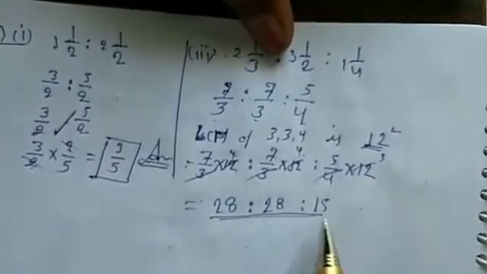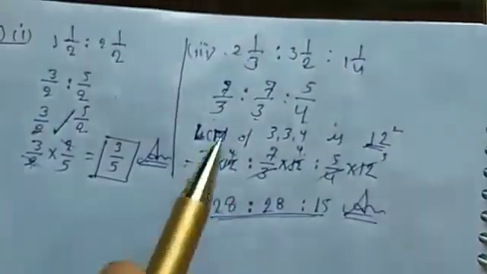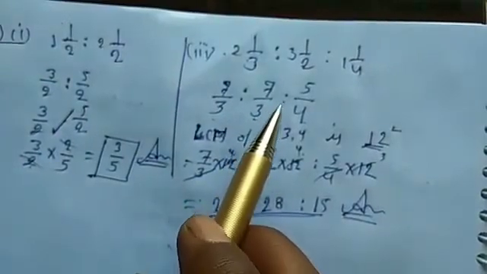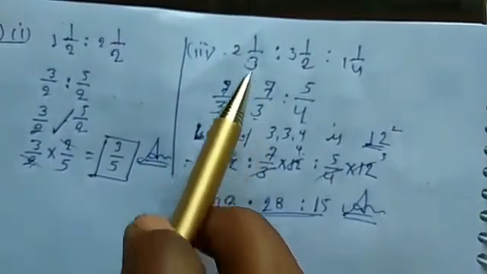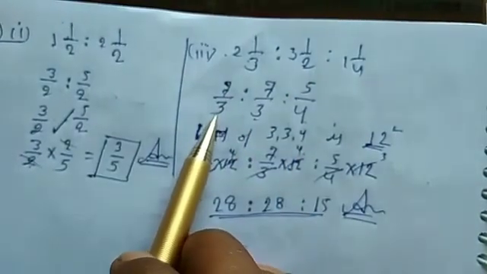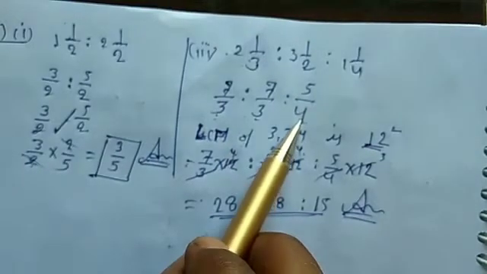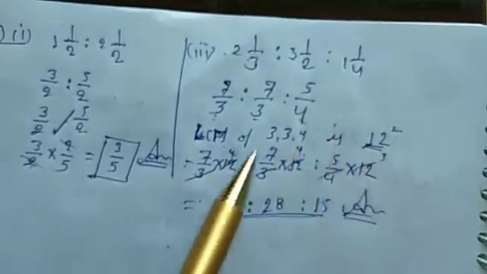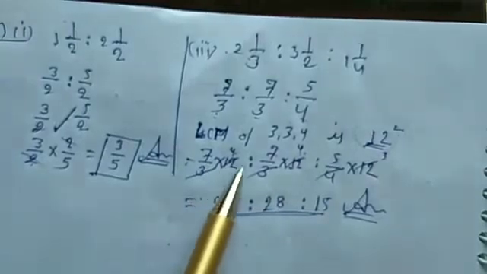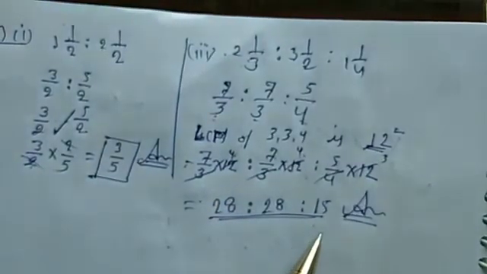This will be the answer of this question. So in such type of question, when the ratio has more than 2 terms, first of all we convert these terms into improper form, then take the LCM of the denominators, multiply the LCM in the ratios, then solve. So this will be the answer.